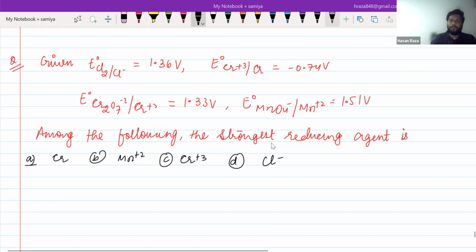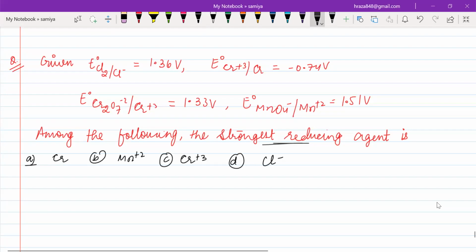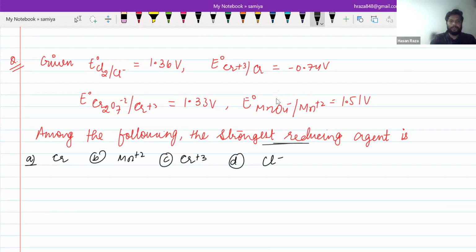So you can see it is talking about the strongest reducing agent. Best reducing agent is the one which, reducing agent, that means oxidizes itself. Now you can see best reducing agent is the one which has E naught R value in negative. More negative, more reducing agent it is. So the answer is this.